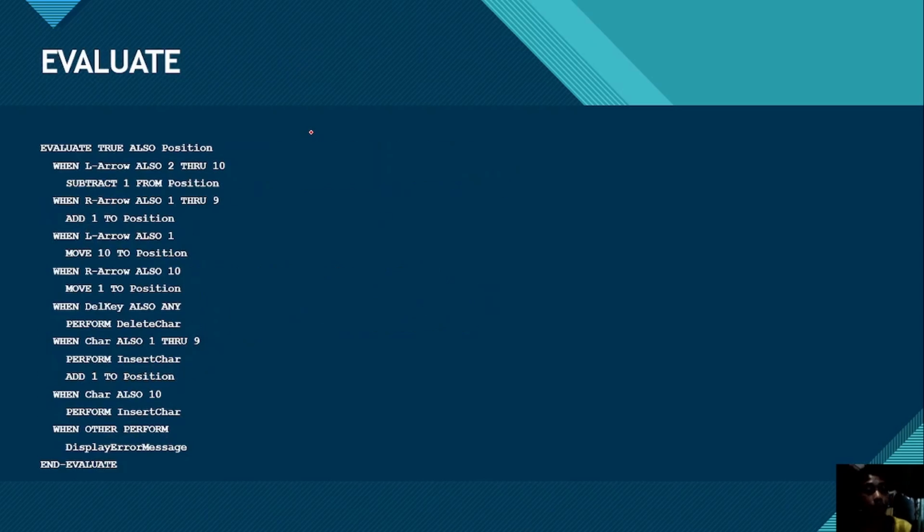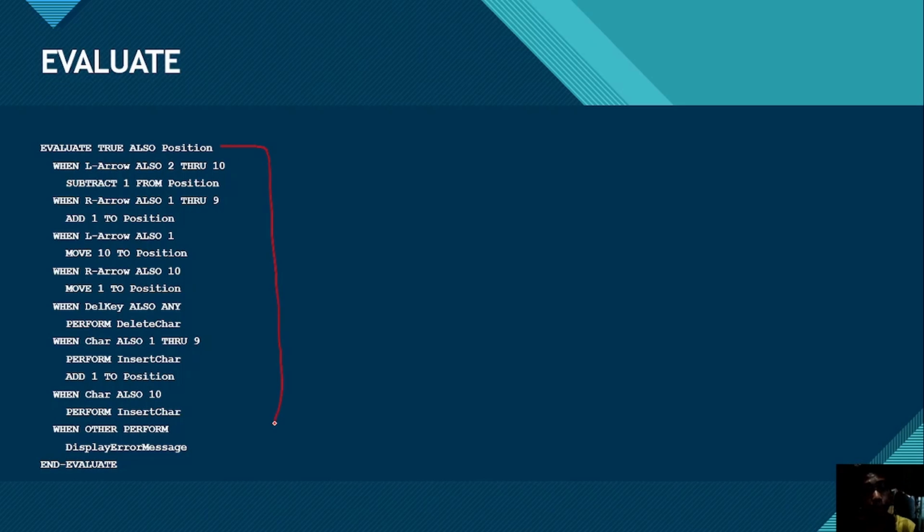I mean, so when evaluate, so as you can see, it is the position of the keyboard or the screen, I mean. So when L arrow also to 10, so we will subtract it from the position.